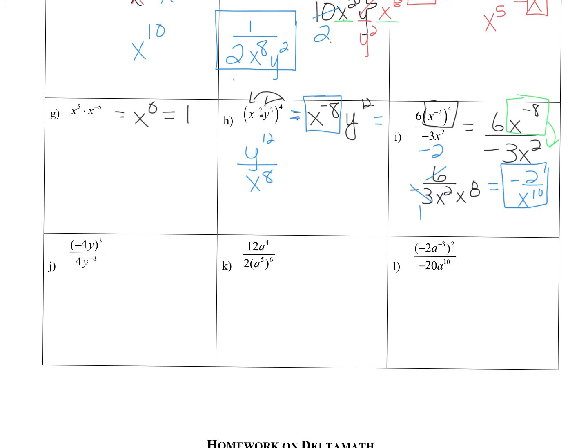My last three problems, it really does help when you have that distributive property of exponents over multiplication to write in the multiplication so you see where to distribute. Negative 4 cubed, be careful, sometimes when we're multiplying exponents we start multiplying numbers when we should be using powers. Negative 4 cubed is negative 64, and then we have y cubed over 4y to the negative 8th.